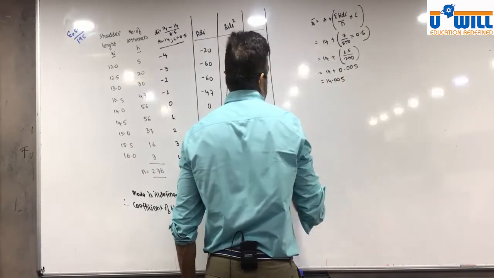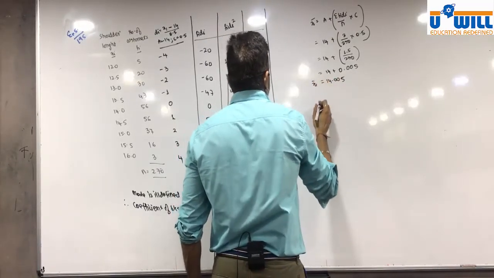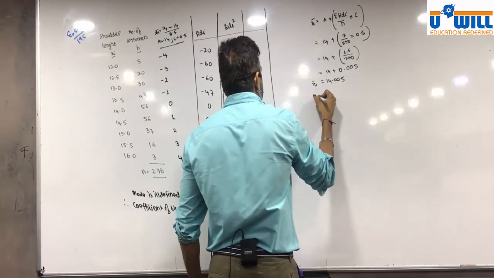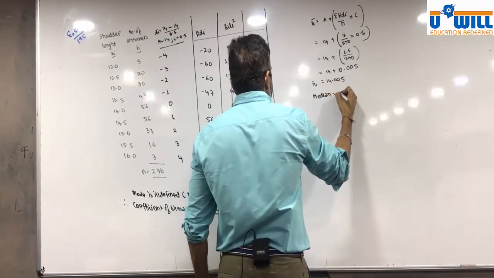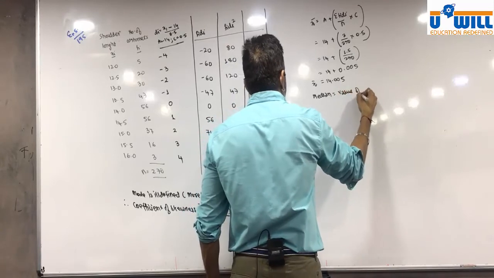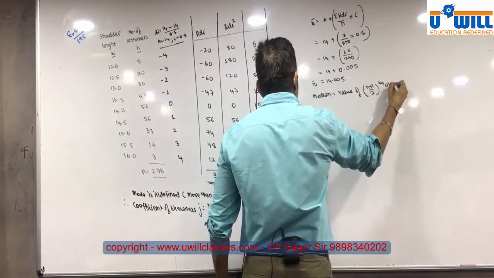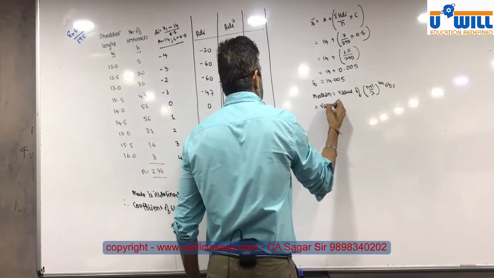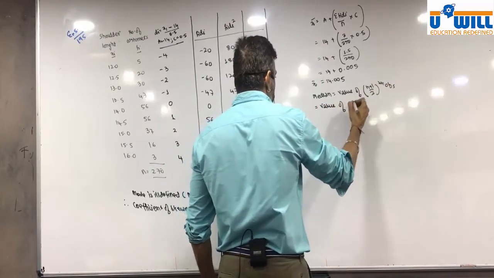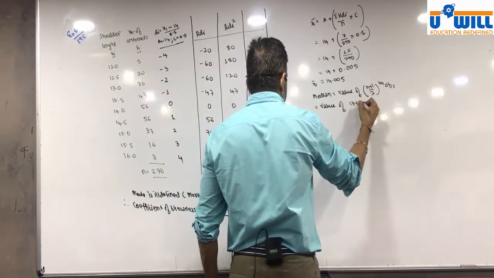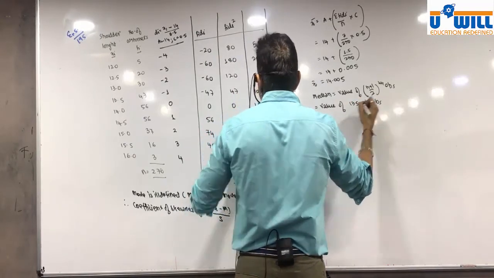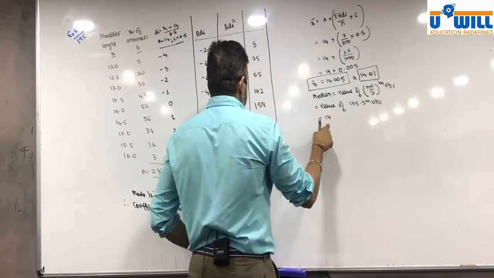Mean. Now median is equal to the value of the (n plus 1) upon 2 th observation, the value of 271 upon 2, so the 135.5th observation, which is equal to 14.